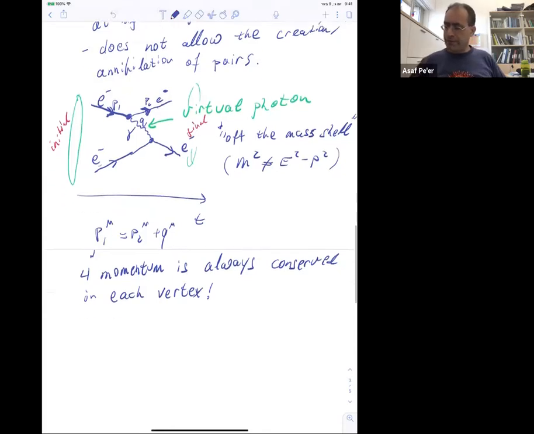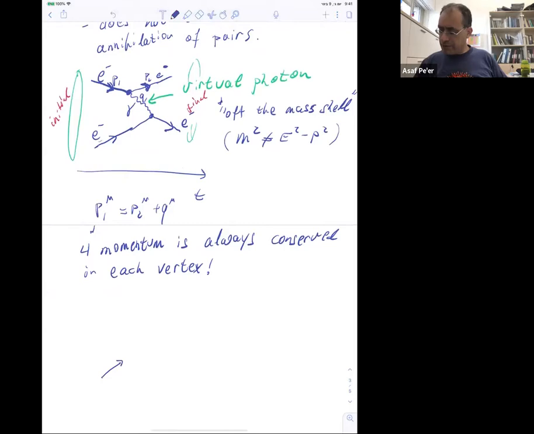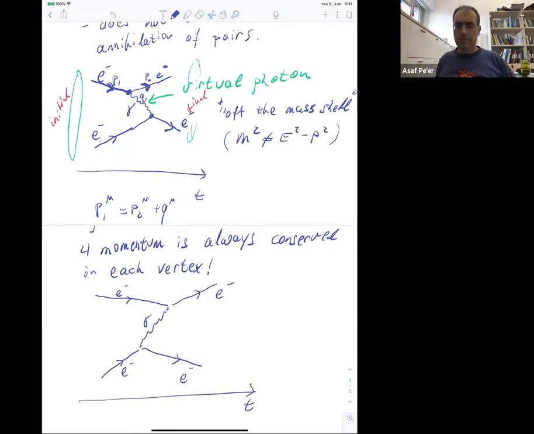Now, of course, we can have that the second electron is the one that first emits a photon, which is then interacting with the first electron. This is also a legitimate process.